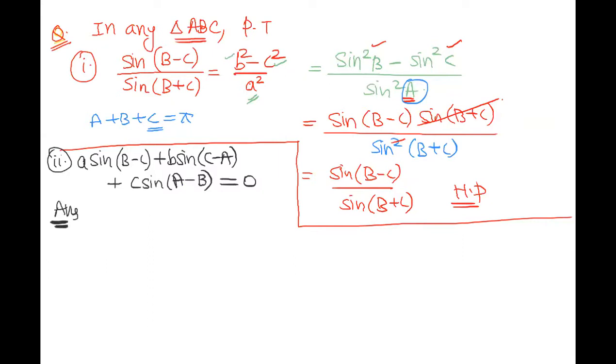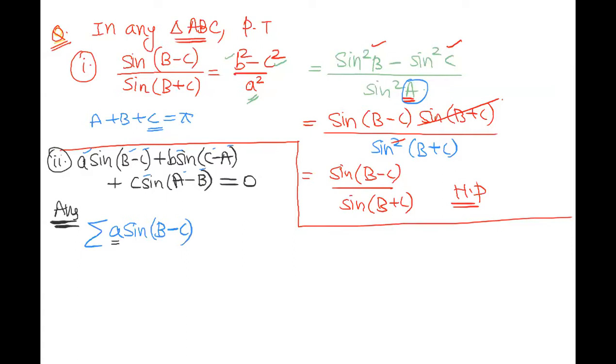What will I do? This I can write in compact form as summation, in cyclic order a, b, c, then b, c, a, then c, a, b. So a sine b minus c.